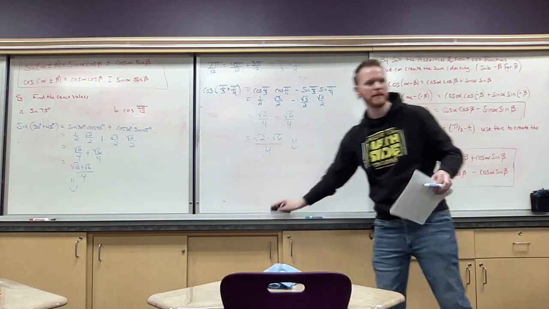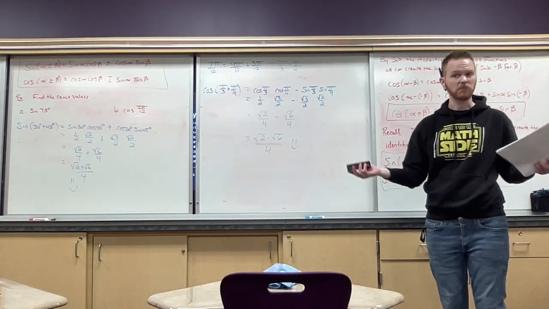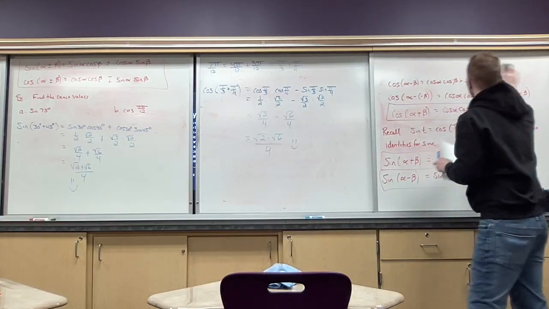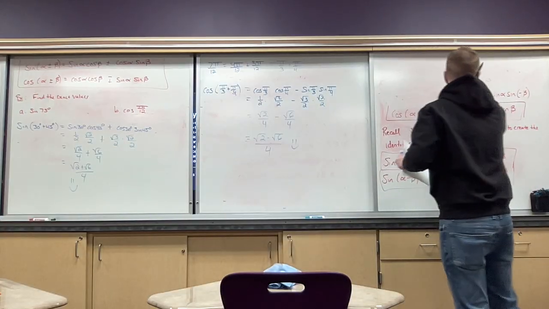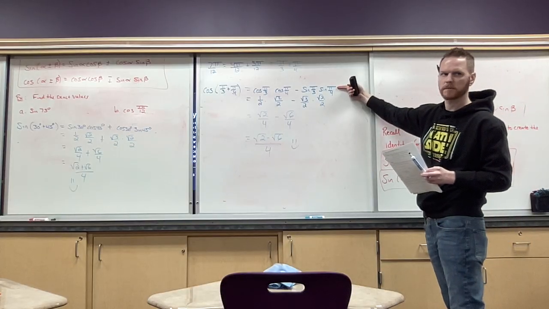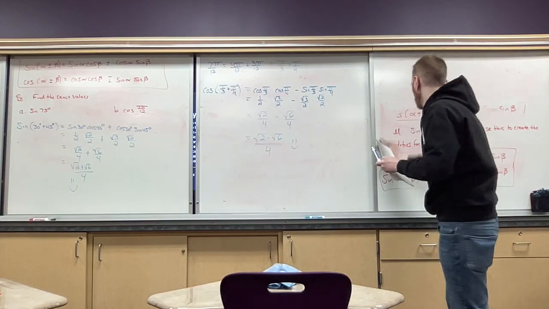Questions? As long as you have the formula, you just have to follow it. Okay. Now, what if I gave you this and you work backwards to figure out what that means? So let's do one example like that.